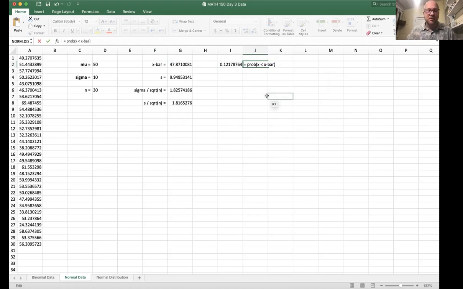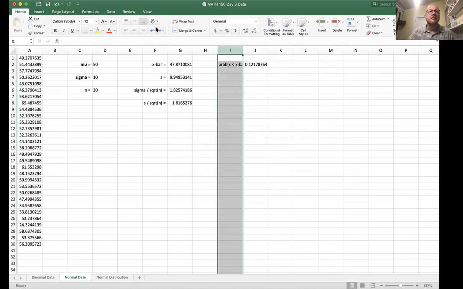Turns out this was a bad choice. I should not actually put that on that side. I'm going to grab this and move it over so that I can say probability X is less than X bar equals. All right. And this stuff here, I'm going to tell it to right justify.